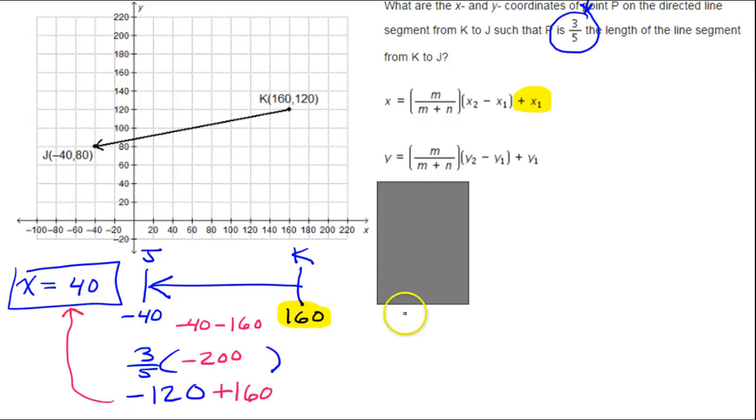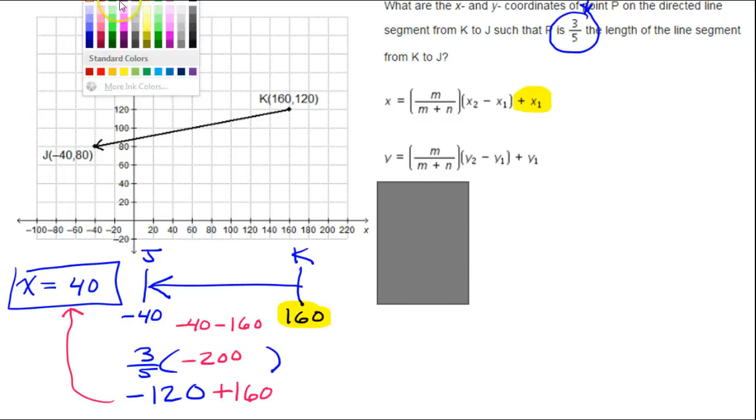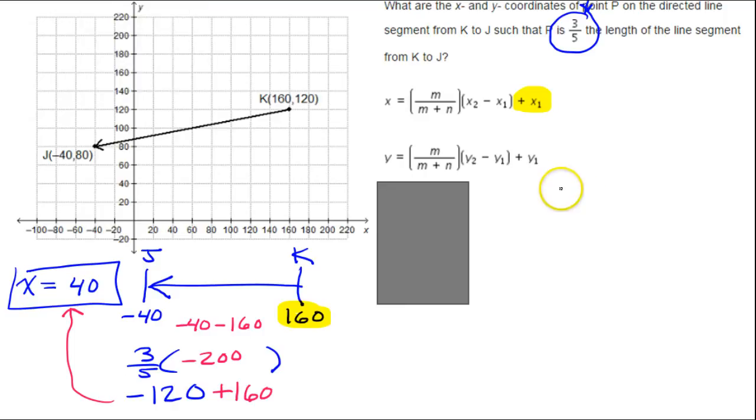Now let's do the same thing with the y values. I'll do the y values over here. I have 120 at the top, and I have 80 at the bottom.